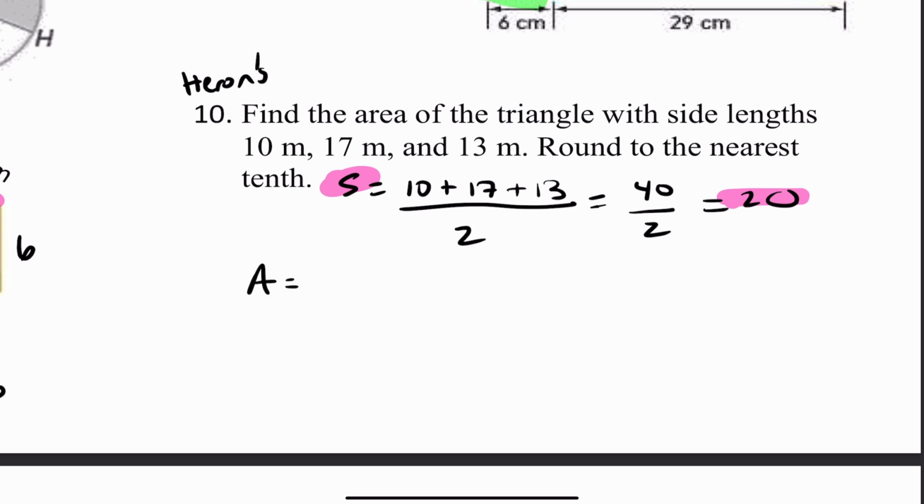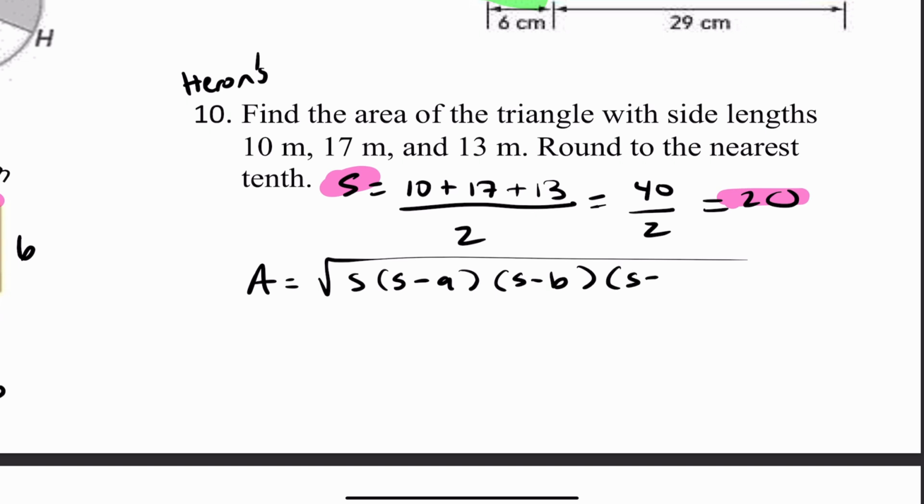So A is equal to the square root of the semi-perimeter times the quantity of the semi-perimeter minus the first side length times the semi-perimeter minus the second side length. And then lastly, the semi-perimeter, right? You're multiplying semi-perimeter minus the third side length, which is 13, but that is our B value, right?